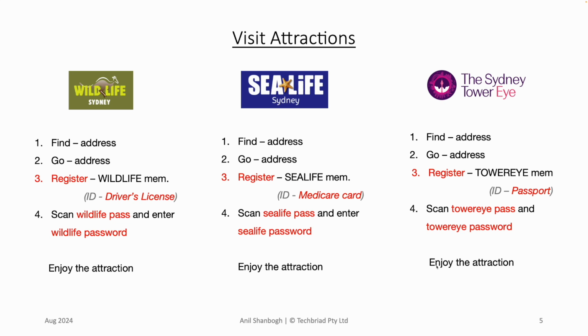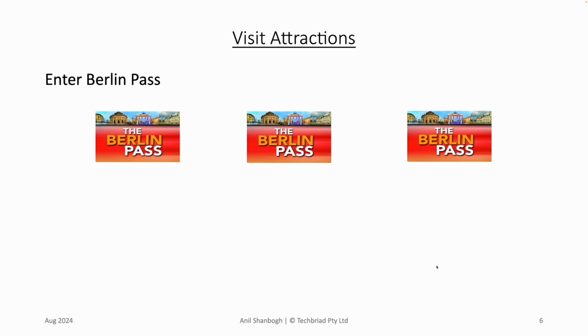And every time I visit an attraction to register myself, I'm giving up some identity document of mine, maybe a passport, a Medicare card, a copy of my driver's license, and additionally some personal information: my address, age, date of birth, license number, and so on. So what we're doing is creating all these different personal information stores ready for any malicious user to take advantage of, because we can't be sure that these attraction operators are going to safeguard the personal information.